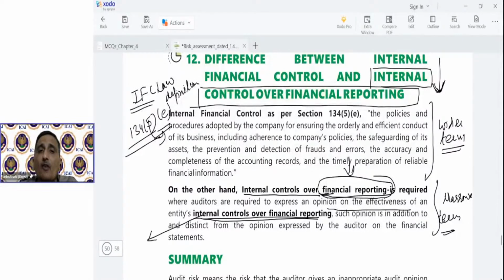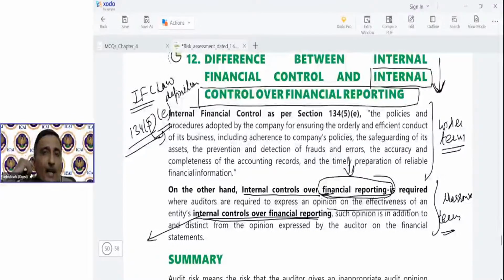And there was a query of Himanshu Pathak. He had asked about a line in the module at page number 4.38, at serial number 6.